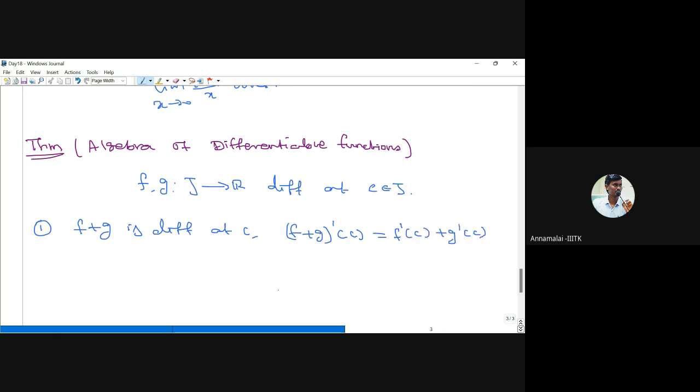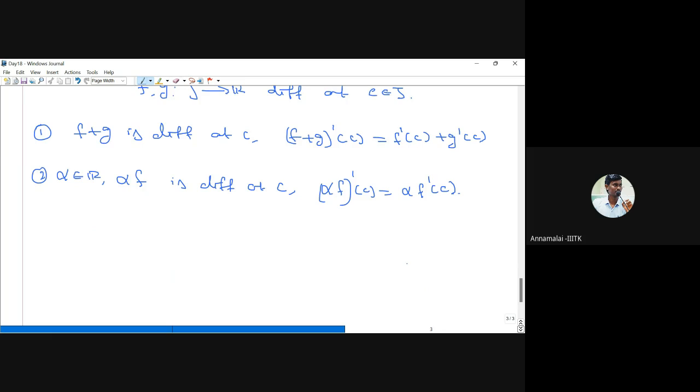Now if we take any scalar alpha from the reals, alpha in R, then alpha times f is also differentiable at c, not alpha into c, just c. And the derivative of alpha times f at the point c is nothing but alpha times f dash of c.